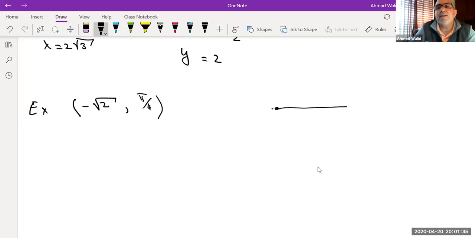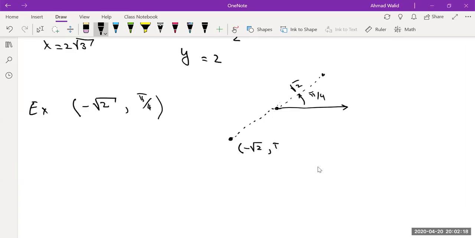Here, my point, this is x, pi over 4. Pi over 4 is 45 degrees, right? It's a point here where the distance on this side will be radical 2, and this is pi over what? Pi over 4. To find negative radical 2, you have to reflect to this side. Here is your negative radical 2 and pi over 4.